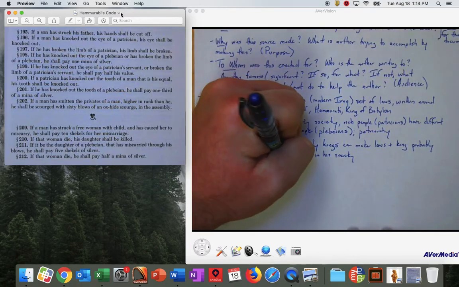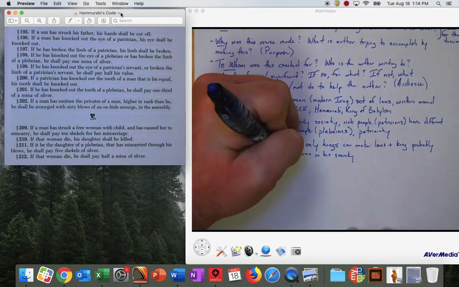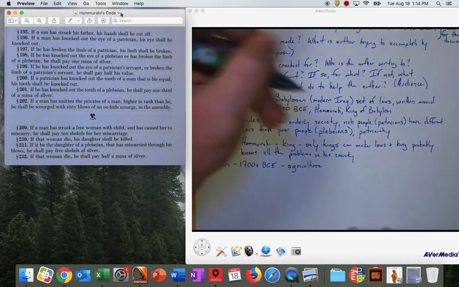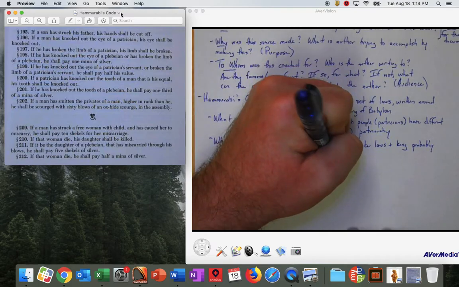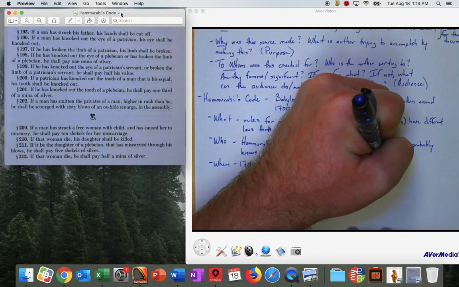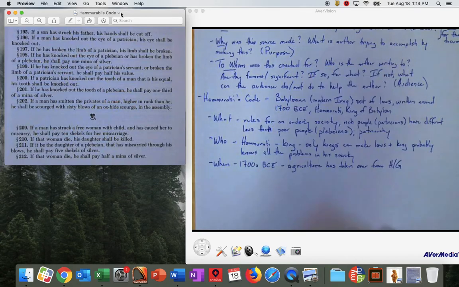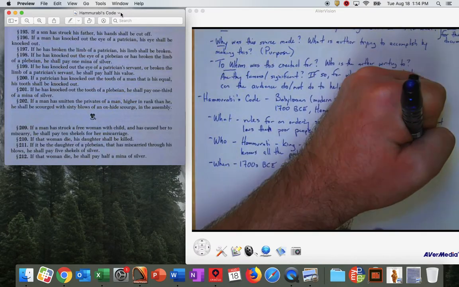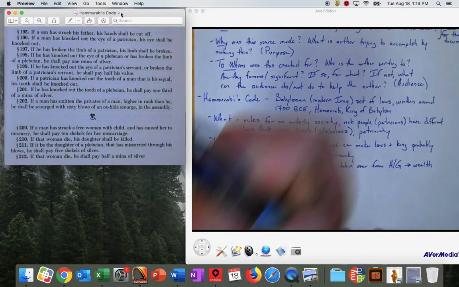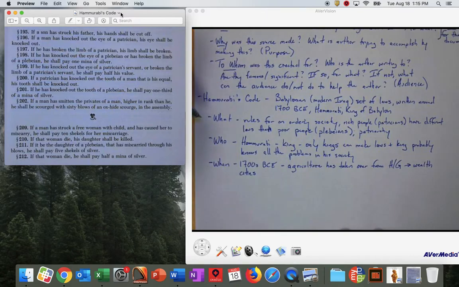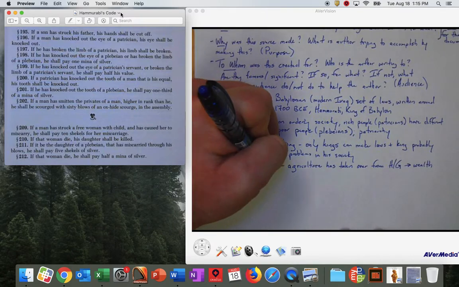We know at this time, this is when agriculture has taken over from hunting and gathering. We know also that that leads to the creation of wealth and the creation of cities and the specialization of labor.